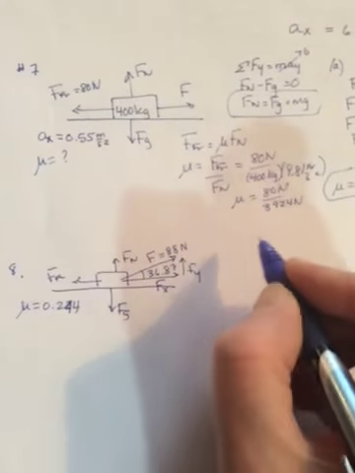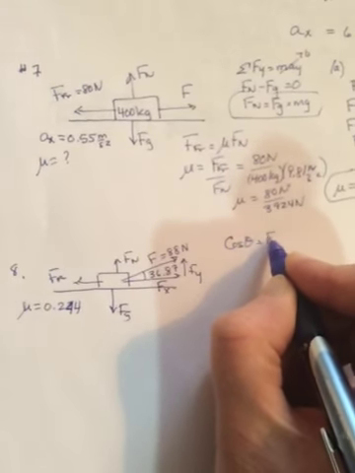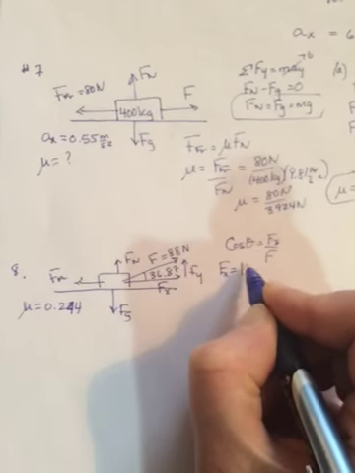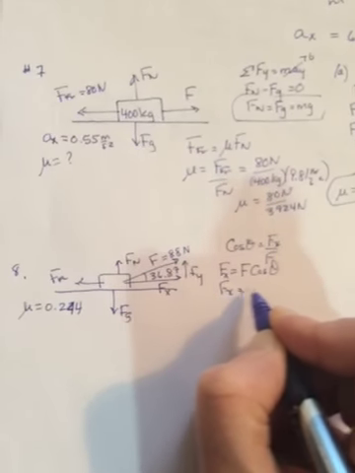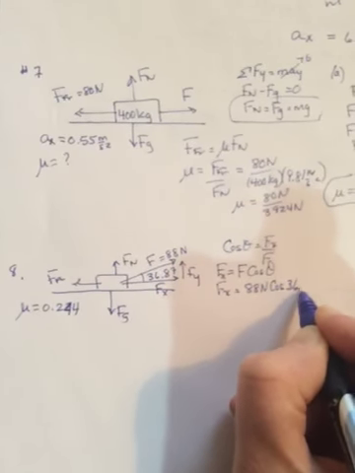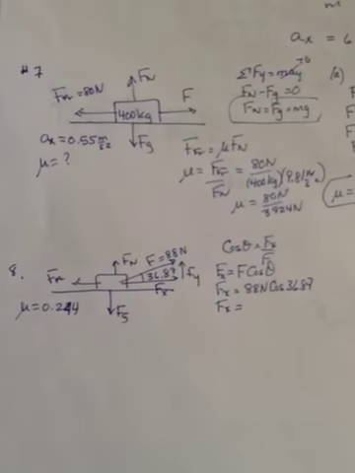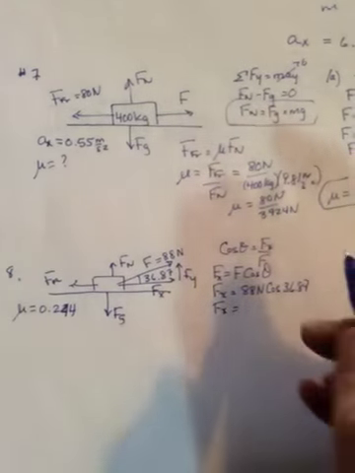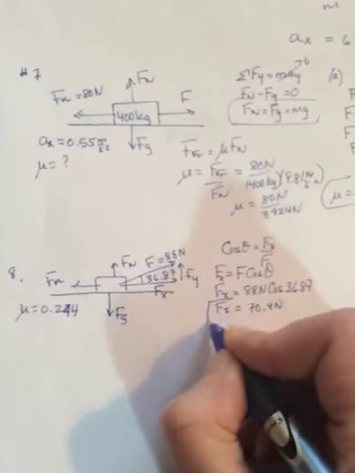Number 8, you're pulling up at an angle, and the question wants the acceleration of the box. Okay, so cos theta will be equal to Fx over F. So Fx will be equal to F cos theta, which you could find if you want it. So 88 newtons times the cos of 36.87. Fx is equal to 70.4 newtons.